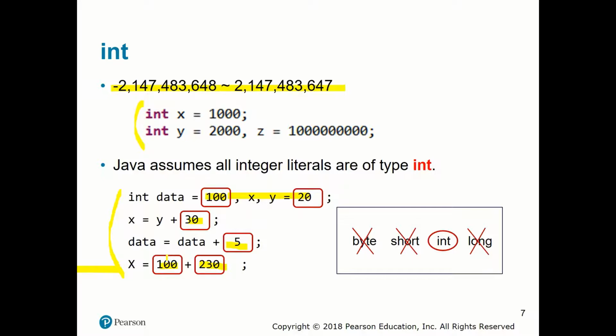When an integer appears in the code like this, the computer considers these numbers are int. So even if 5 is a small number, the computer thinks this is int type. This is very important when evaluating expressions with mixed data types. I will explain this in detail later.